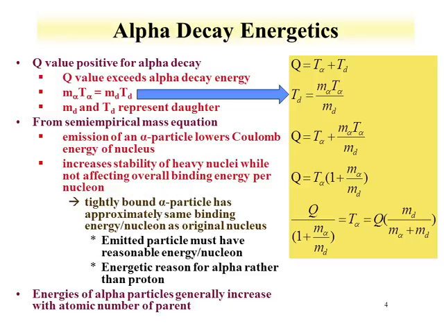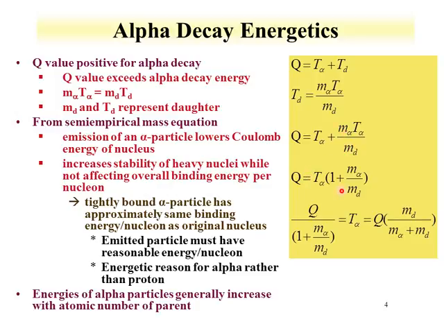We can rearrange this equation and solve for the kinetic energy of the daughter as a function of the mass of the alpha, the kinetic energy of the alpha, and the mass of the daughter. We can substitute this into the Q value equation, and we get a relationship in terms of the kinetic energy of the alpha, the mass of the alpha, and the daughter.